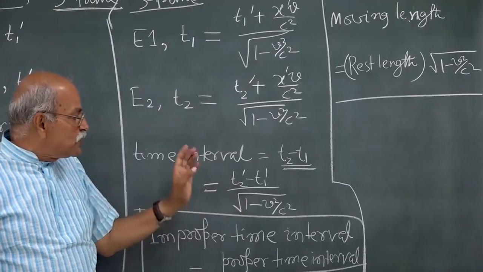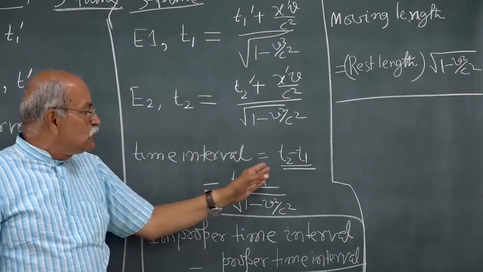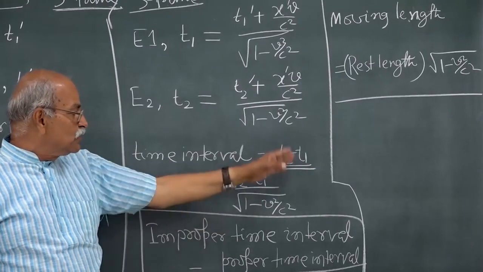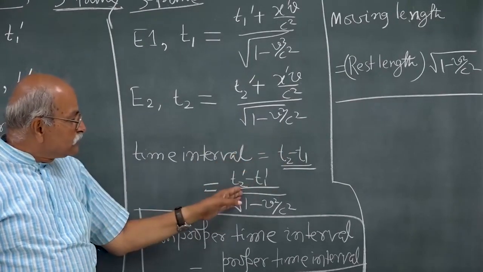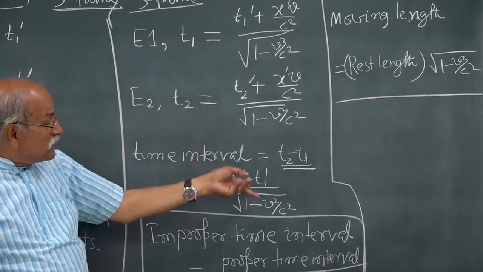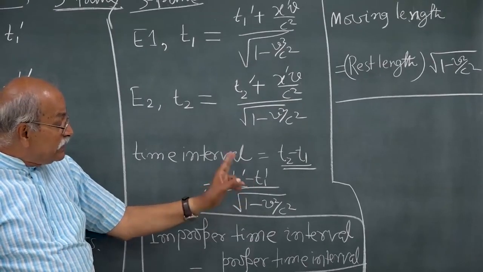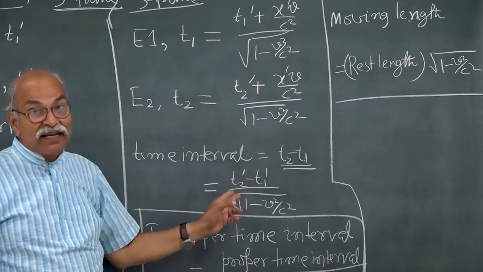So, do not try to remember that T2 minus T1 is equal to T2 prime minus T1 prime divided by this and so on. If you do that, then you also have to remember that the two events took place at one position in S prime, only then is this valid.